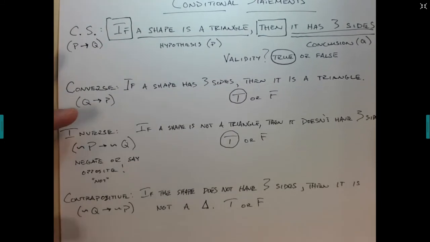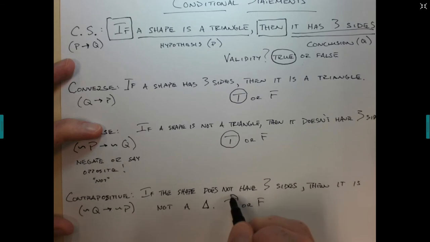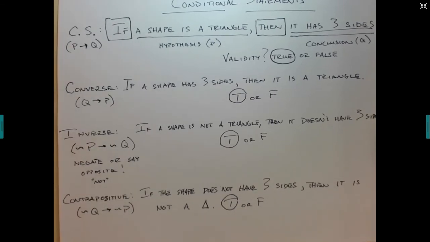I'm thinking whether this is true in every case or possibly false. If the shape does not have three sides, it is not a triangle. That is going to be true again.